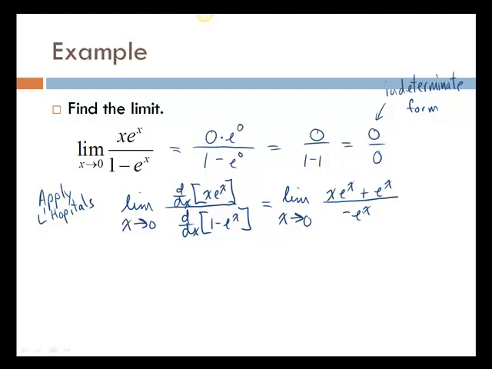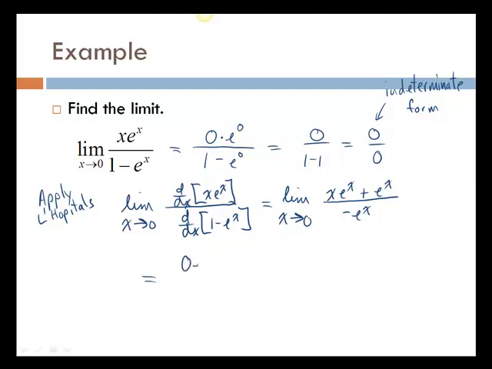All right, so let's see if we can find our limit now. And you're not always going to be able to find your limit right away. Sometimes you might have to apply L'Hopital's 2 or 3 times before you can get to your limit. But I think in this case it's going to work out. Let's see what happens. So we get the limit as x approaches 0 of x e to the x. That's going to be 0 times e to the 0, so 0 times 1.